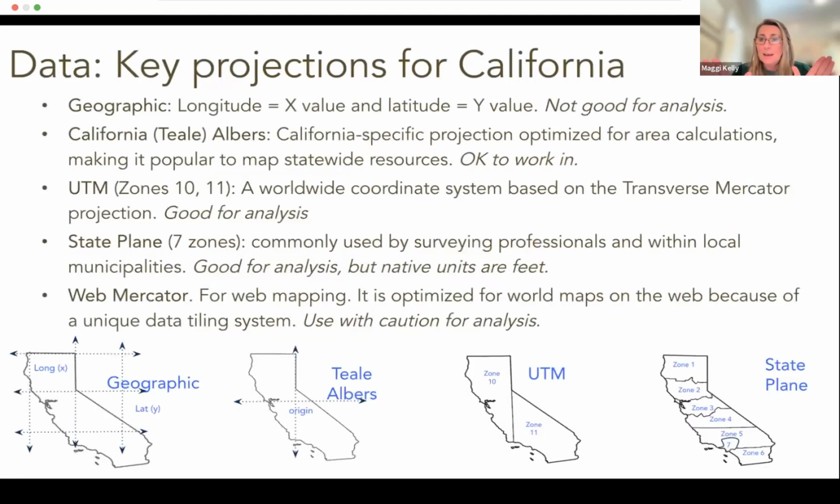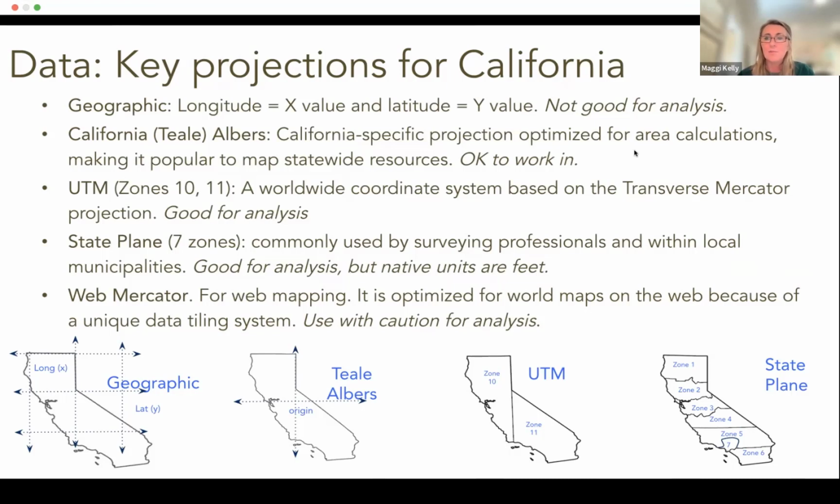What that means for California, where we're going to be working today, is there are some standard projections available for use in California, and you'll encounter all of these if you get into the GIS arena. There's the simplest, which is called geographic, which really isn't a projection. It's just a simple XY, 1 degree in longitude equals 1 degree in latitude.